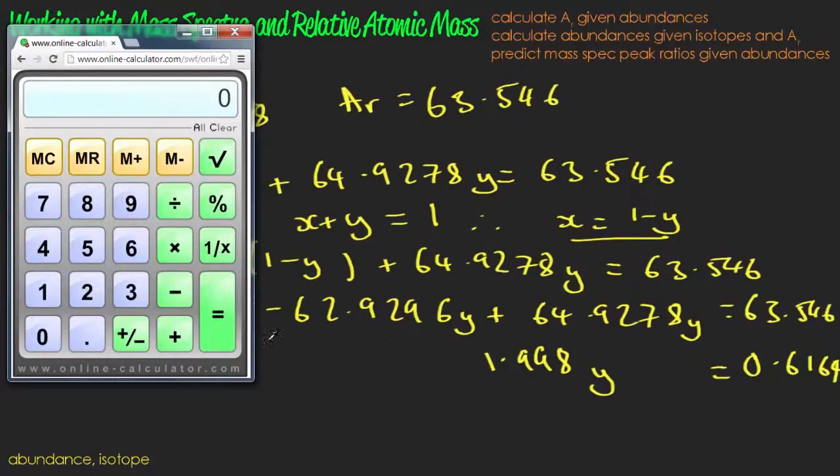So that's 0.6164 divided by 1.998 gives us 0.3085.